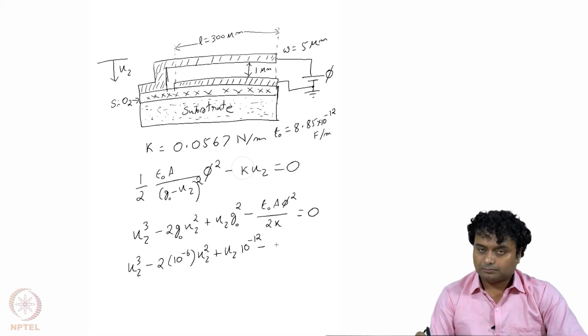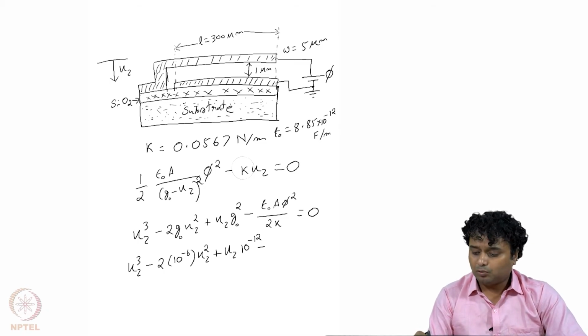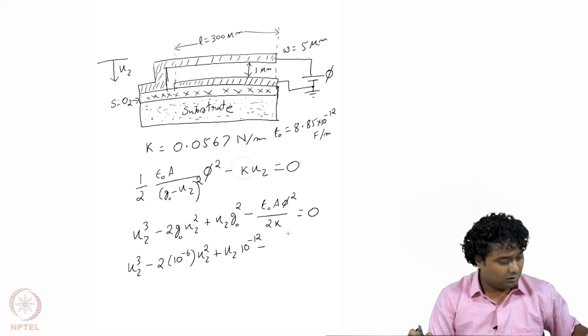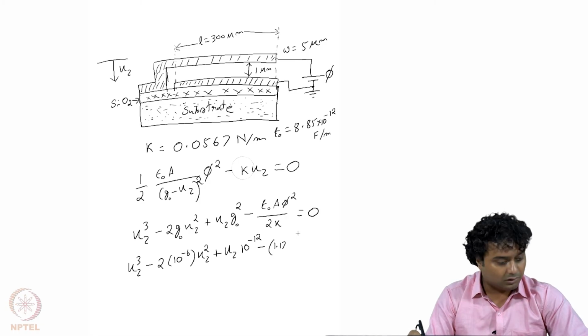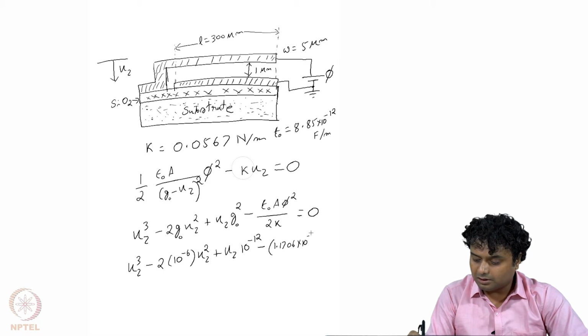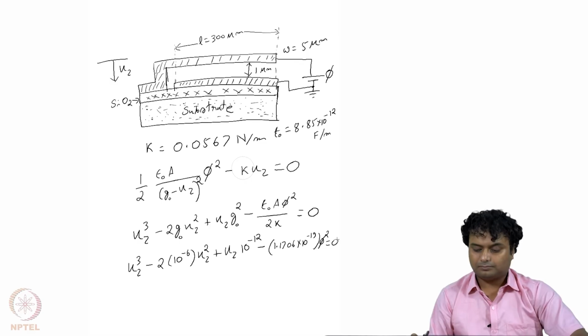So now we put all those values, K also we know, right. So if we put all those values, then it will come as 1.17 0.06 into 10 to the power minus 19 into phi square equals 0.